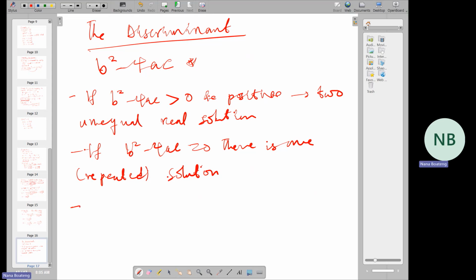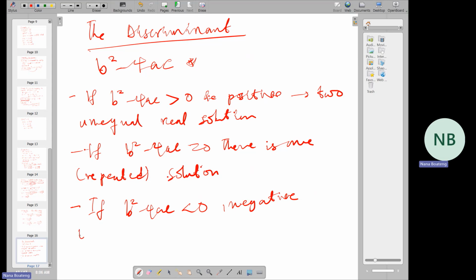And the next thing, if b squared minus 4ac is less than 0, or negative, if we have a negative number under the square root sign, then we have imaginary solutions.